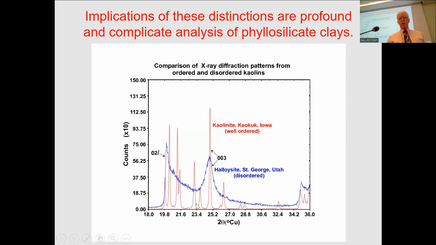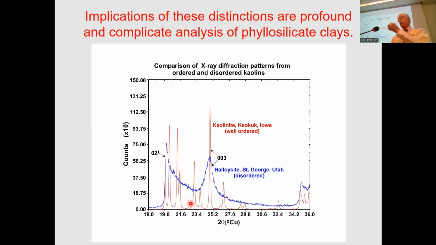The diffraction pattern in red is a portion of the powder diffraction pattern for Keokuk kaolinite. And this is one of the few kaolinites in the world that has a crystal structure like the deck of cards right out of the box. And it was that sample that I used to determine the crystal structure of kaolinite and refine the crystal structure.